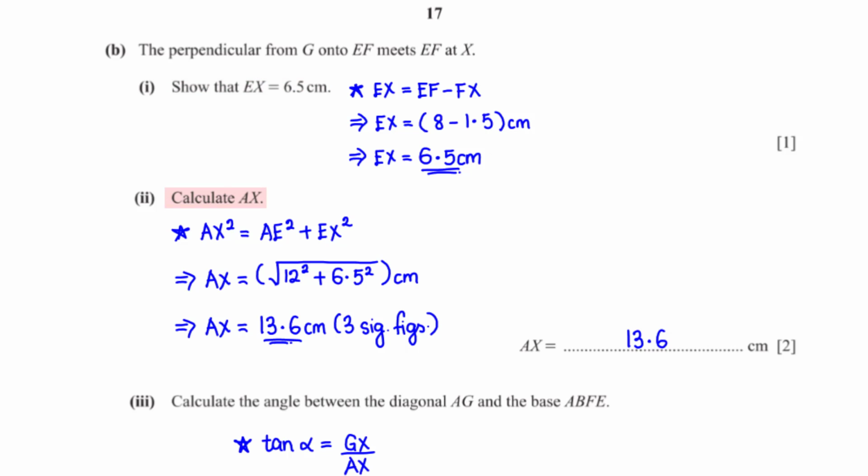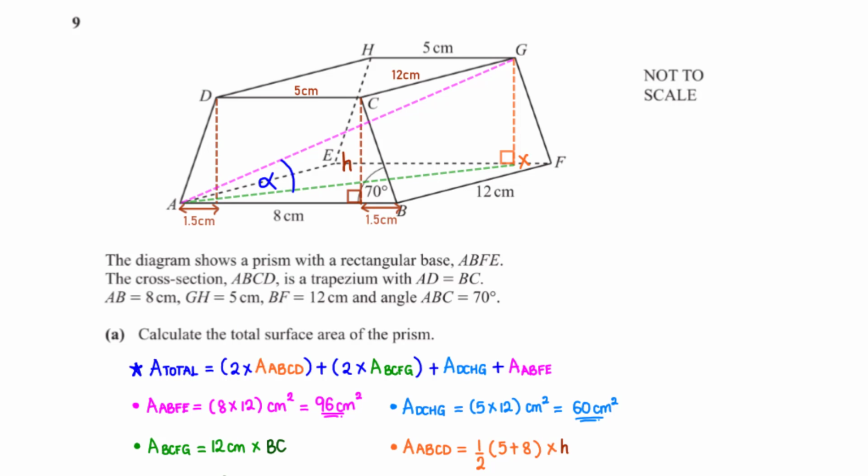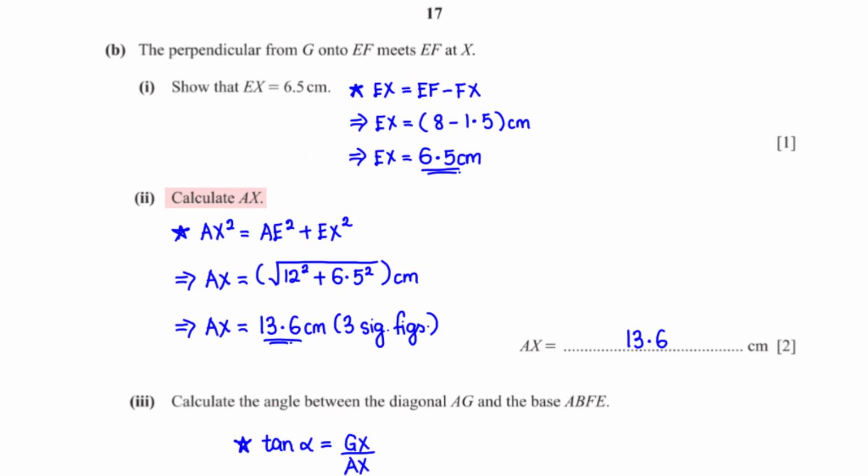Calculate AX. On the diagram, we've drawn the line from A to X with a green arrow. This line forms the hypotenuse of the right-angled triangle AEX. We already know AE is 12 centimeters and we found EX as 6.5 centimeters. Since we know these lengths, we can find AX using the Pythagoras theorem.